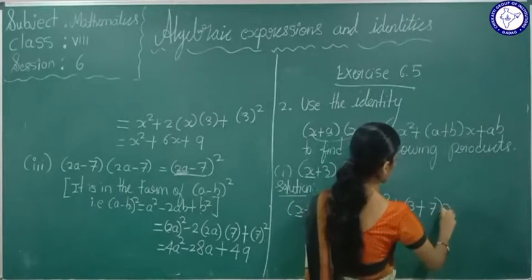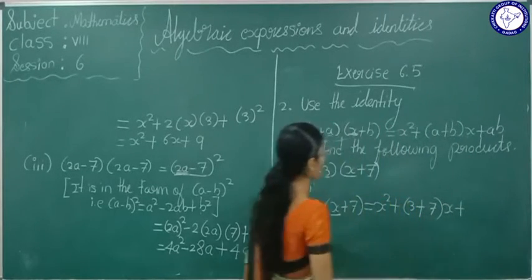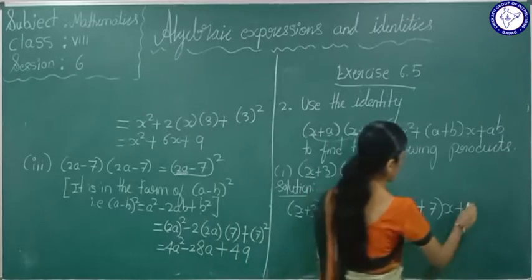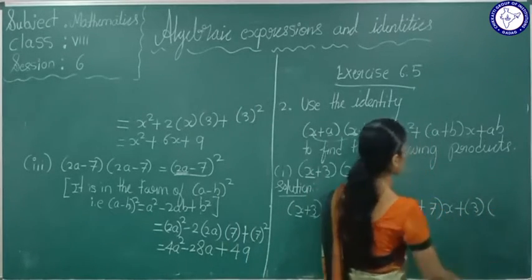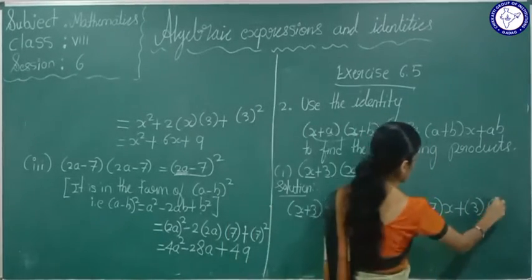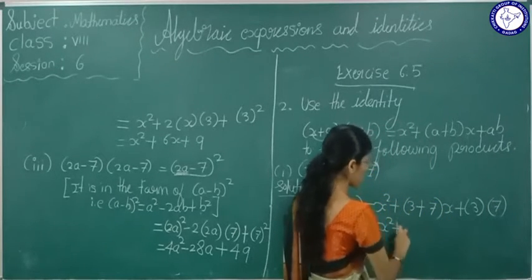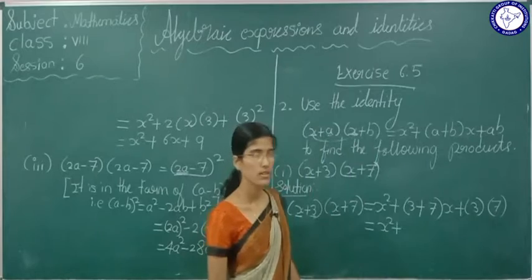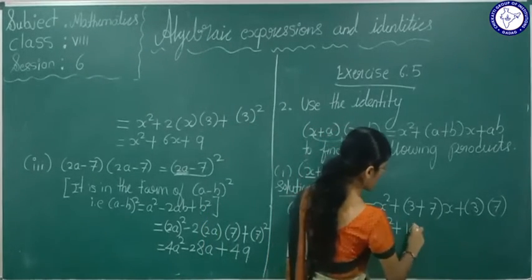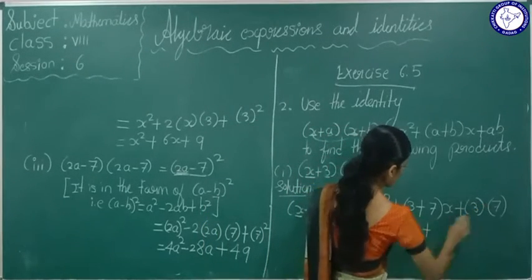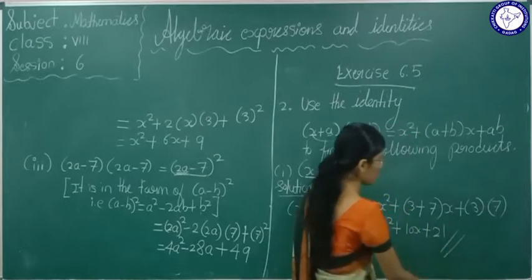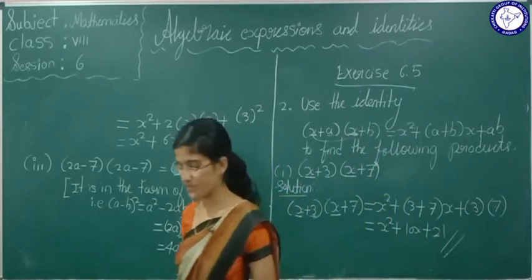In place of x we have x only. So that will be x² plus 7 plus 3, which is 10, so 10x, plus 3 sevens are 21. This is the required solution.